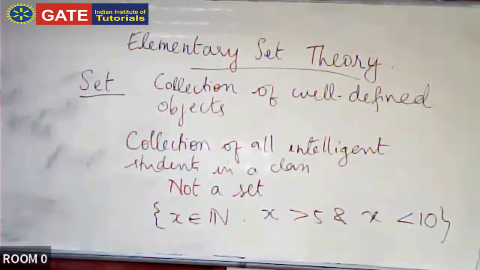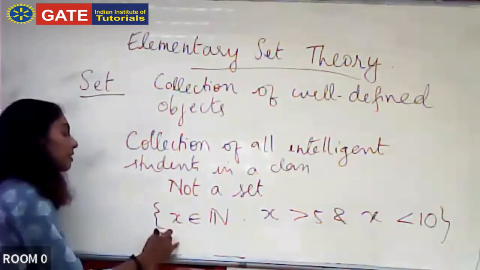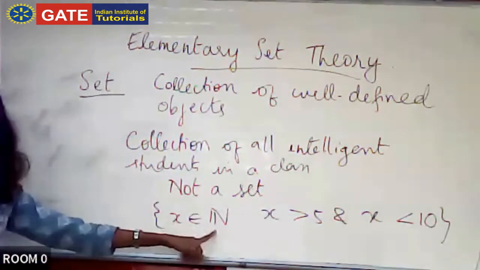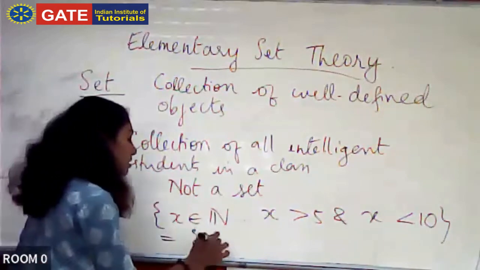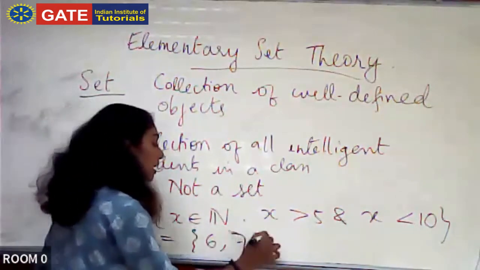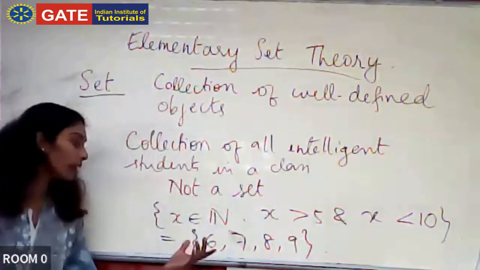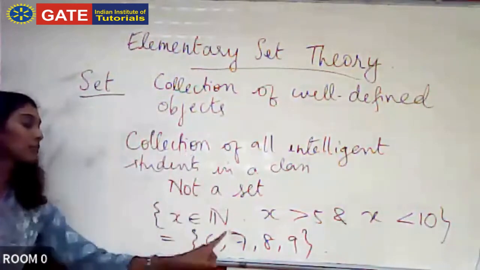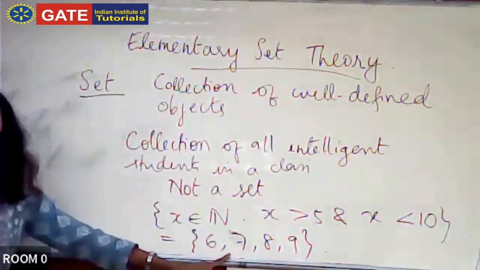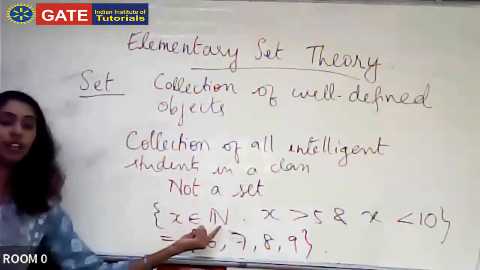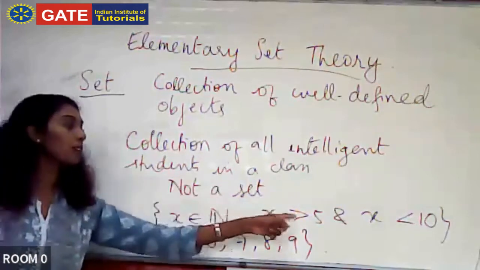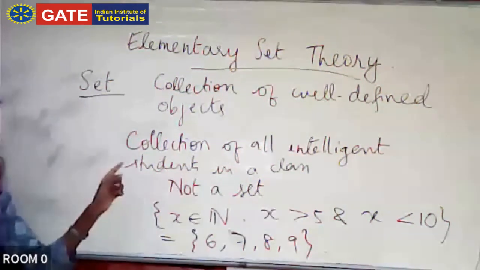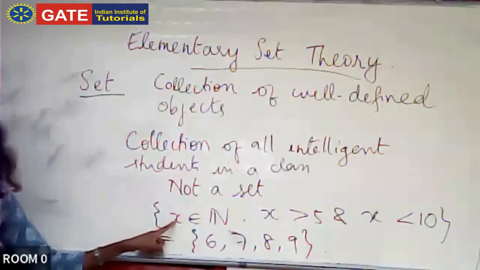What will be the set? 6, 7, 8 and 9. If I ask the same question to anyone, they will give me the same answer, right? Because everything is defined here. x belongs to N, that is, it should be a natural number, and it should be greater than 5 and less than 10. So this is an example of a set.